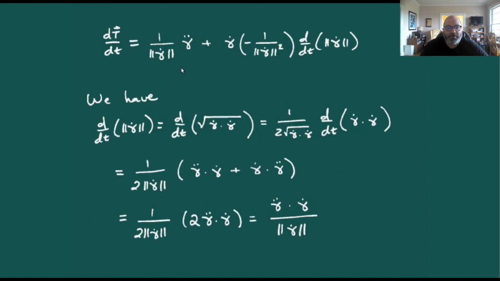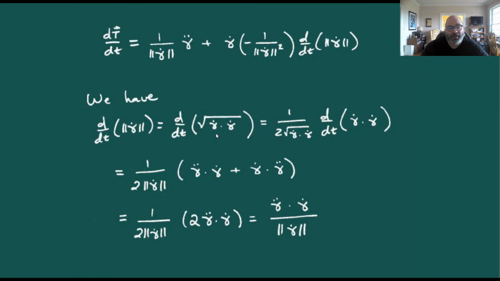If we take the derivative of 1 over that, we get negative 1 over the original function squared, the derivative of the outside function, keep the inside the same, times the derivative of the inside function. That inside function we can write as the square root of the dot product.